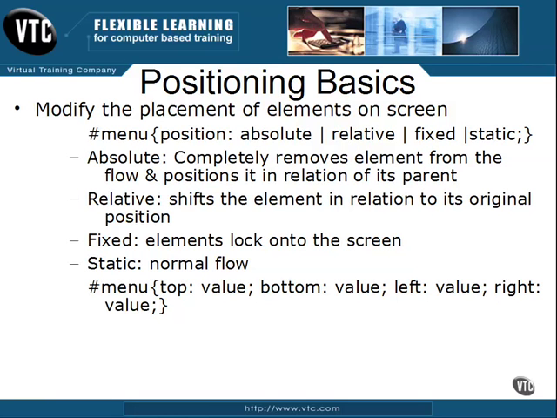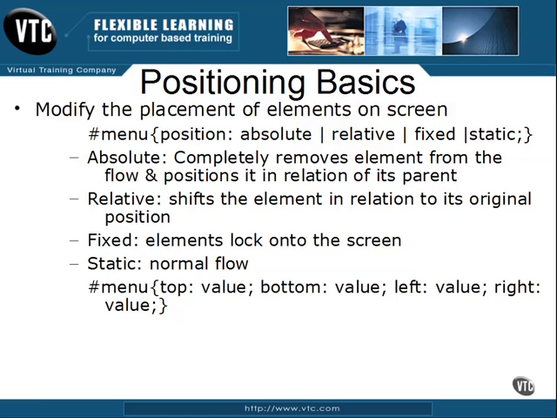So if we always designate that the left-hand side should be 50 pixels from that left-hand side of the browser, and the right value should be 50 pixels from the right-hand side of the browser, whenever we change the browser size, it's always going to stay in position. So all four of these, the top, bottom, left, and right, will be available when we're working with our absolute, relative, and fixed.